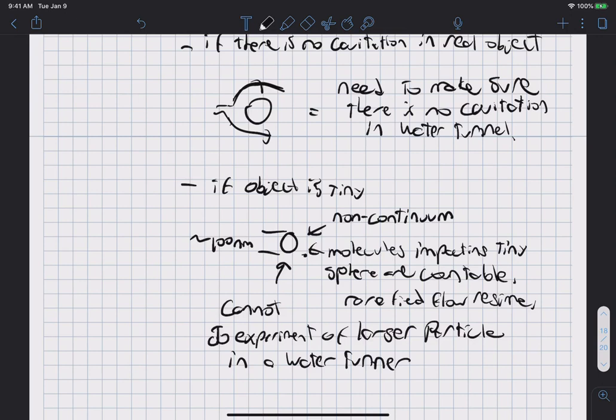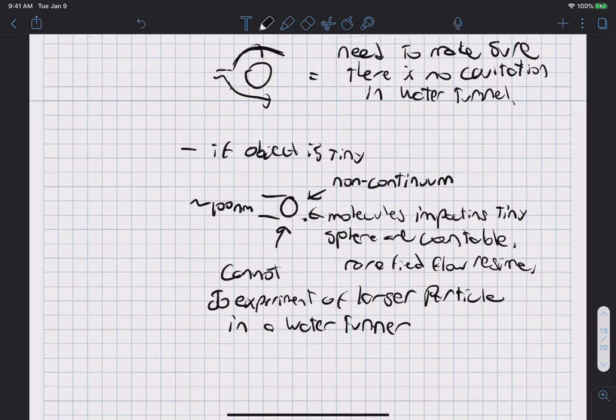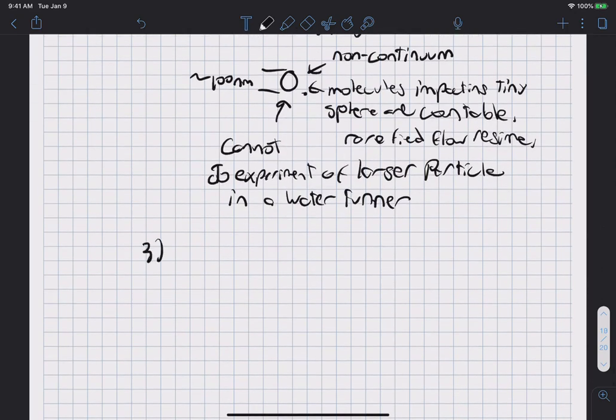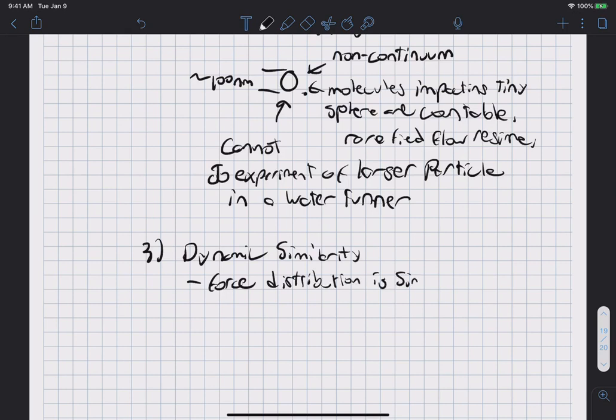If there's cavitation in the real object, there must be cavitation in the experiment, and a whole host of other things. And then there is dynamic similarity. So the third requirement is that there's dynamic similarity, and that basically means that the force distribution is similar.